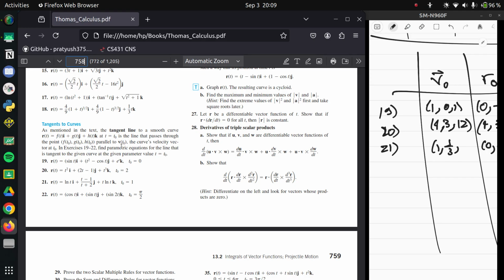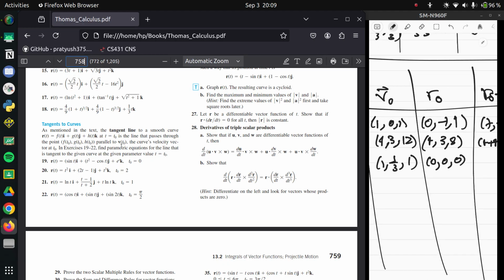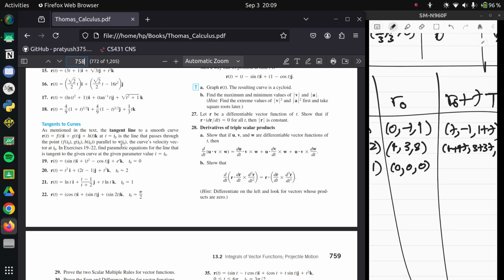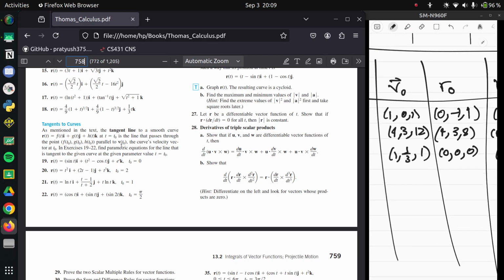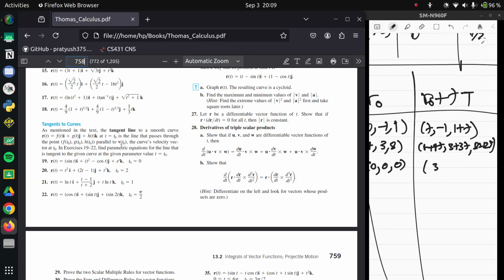This one is easy, natural log of t, that's 0, and then just got t upon t, 1. Yeah, that seems okay. So r is just nothing, so I'm just gonna make it 3 comma 1 comma 3, so it's 3t comma t comma 3t.